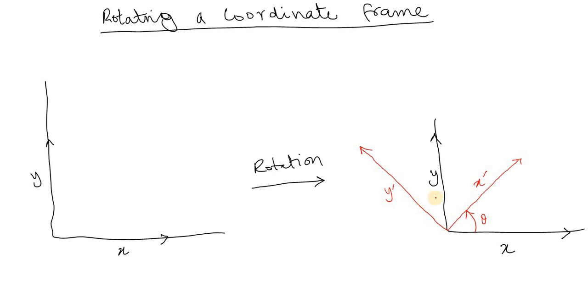So how can we now calculate these? How can we represent this new rotation or orientation of this frame? We know that this axis here is equivalent to sine theta, and this coordinate here is equivalent to cosine theta.